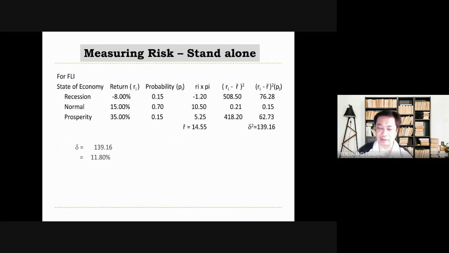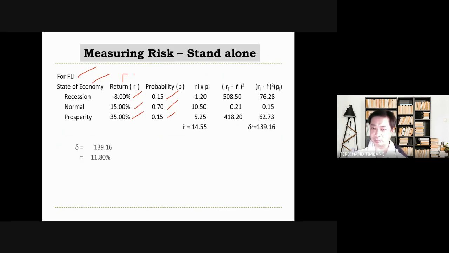So example tayo. Let's see for the stock FLI. Then we have the different states of the economy: the recession, normal, and prosperity. The probability is 0.15 or 15%, 70%, and 15%. The return for recession is negative 8%, then for normal is 15%, and prosperity is 35%.